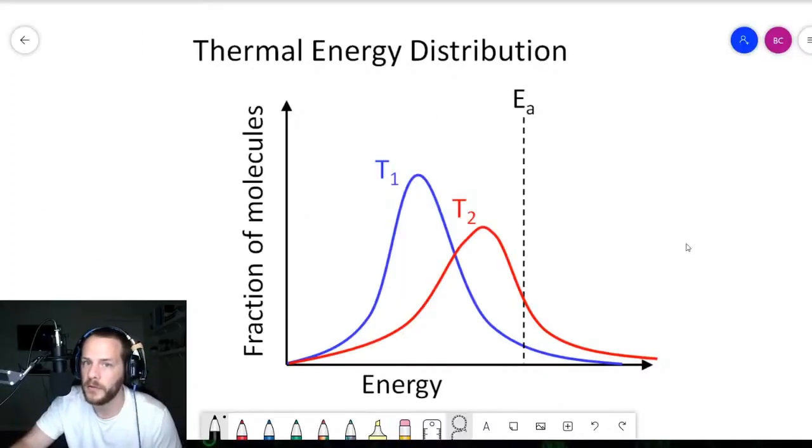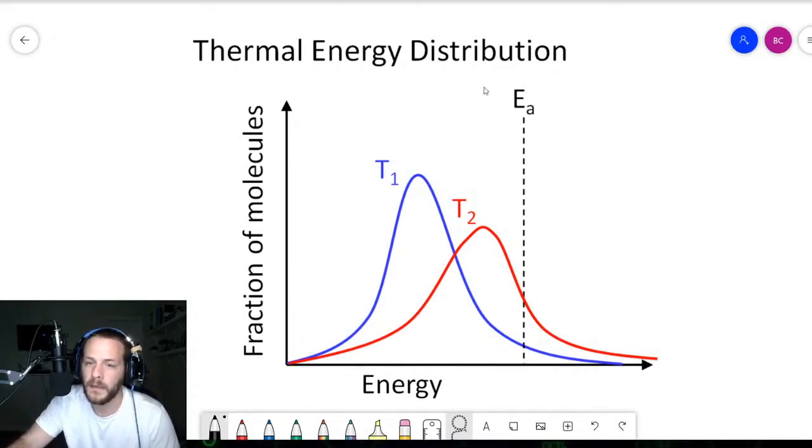So at any given temperature, a collection of molecules is going to have a distribution, almost like a normal distribution of energies. And notice what happens to the shape of the curve as the temperature gets hotter from T1 to T2. It kind of flattens a little bit, right? That's just the nature of temperature distributions. As temperature gets higher, the curve sort of flattens a little bit.